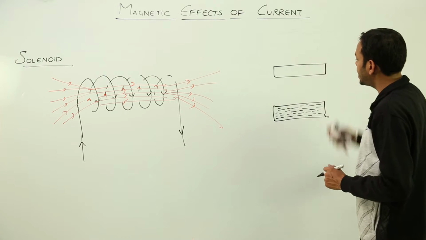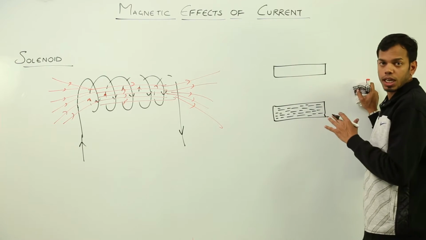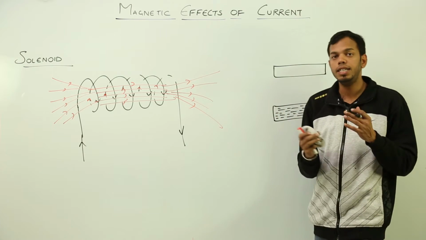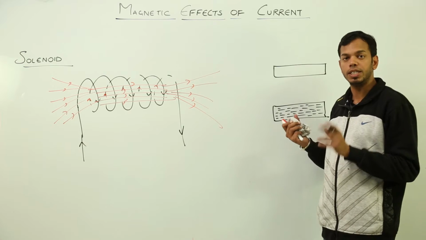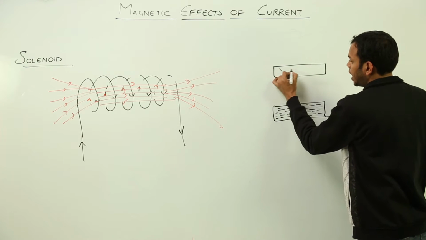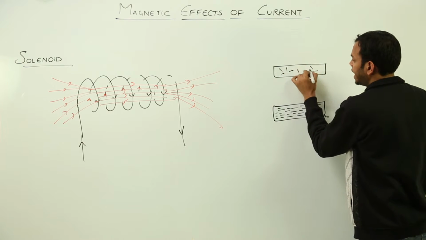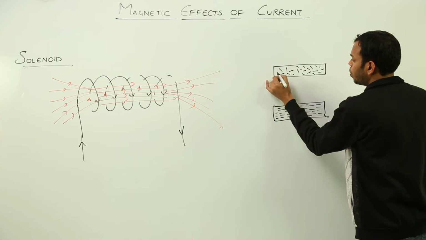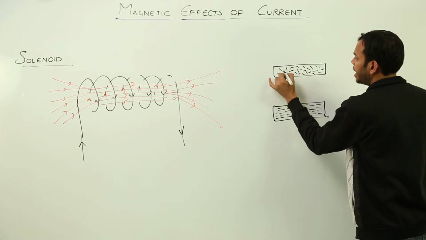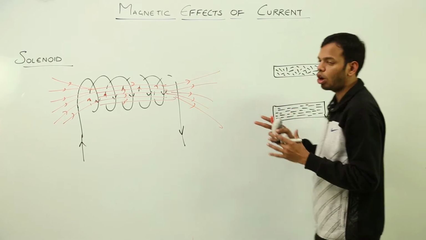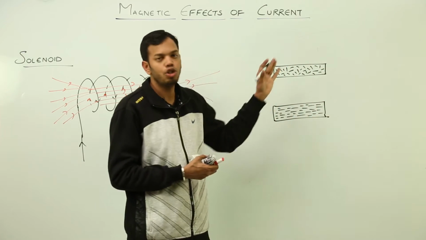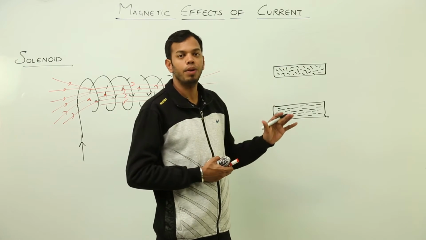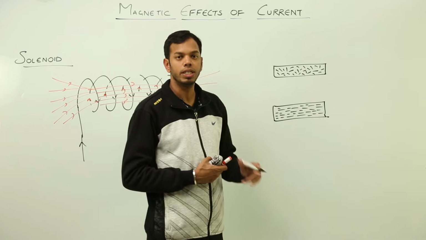But in this case, suppose this is an iron piece, iron is a ferromagnetic material. So iron also has such kind of domains, but the domains are randomly placed. Alright, so they are in zigzag pattern. So what happens is the overall magnetic effect of all the domains actually cancel out each other. But we have a method by which we can incline all these domains in one direction.